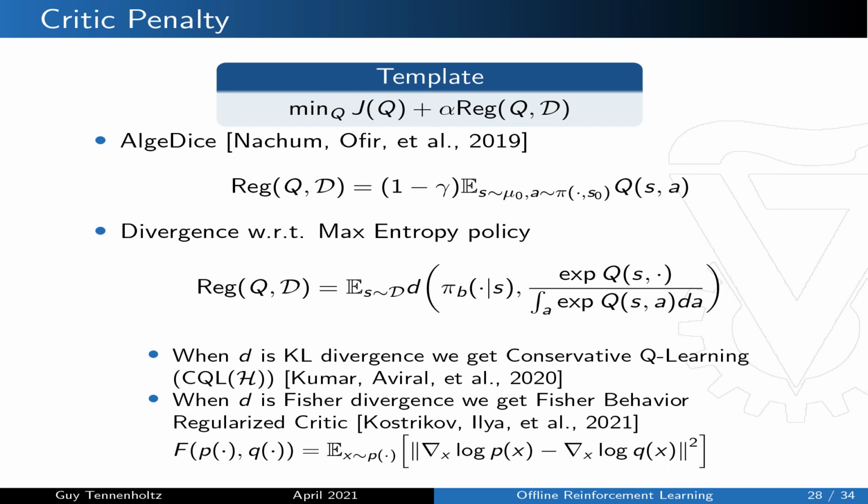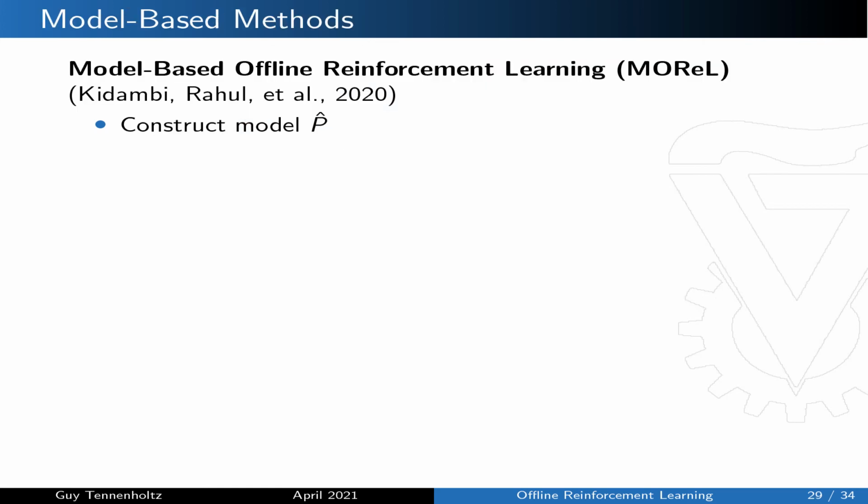One way to add uncertainty is in a model-based framework. Model-based offline reinforcement learning would first try to construct a model of the environment. We have data, we can maximize the likelihood, and form a model of the environment, this p hat.